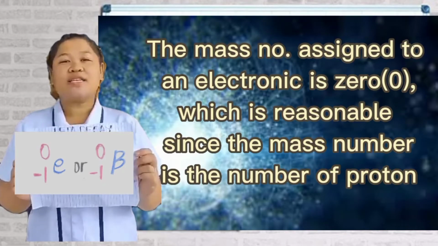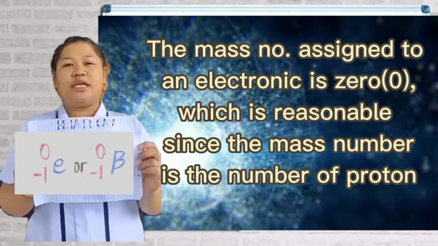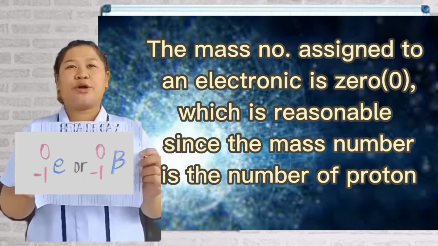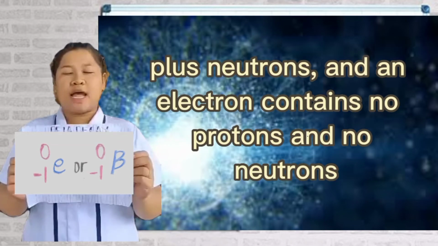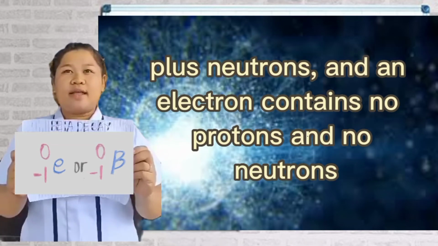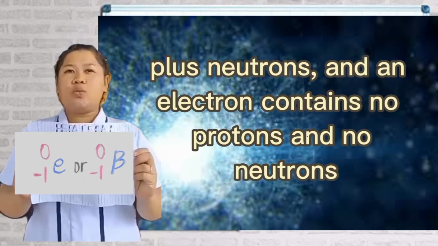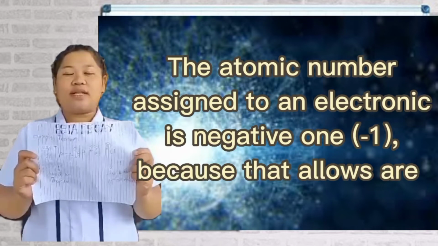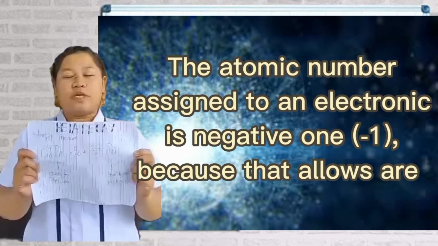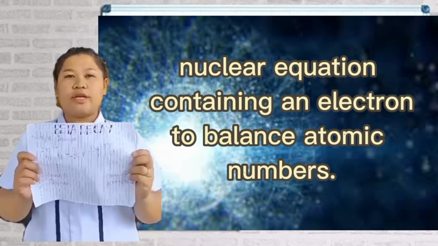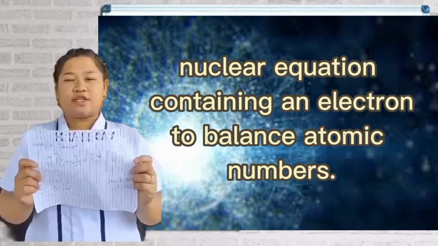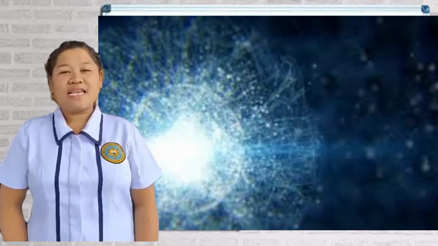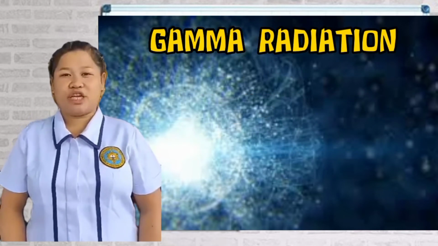The mass number assigned to an electron is 0, which is reasonable since the mass number is the number of protons plus neutrons, and an electron contains no protons and no neutrons. The atomic number assigned to an electron is -1 because that allows a nuclear equation containing an electron to balance atomic numbers.